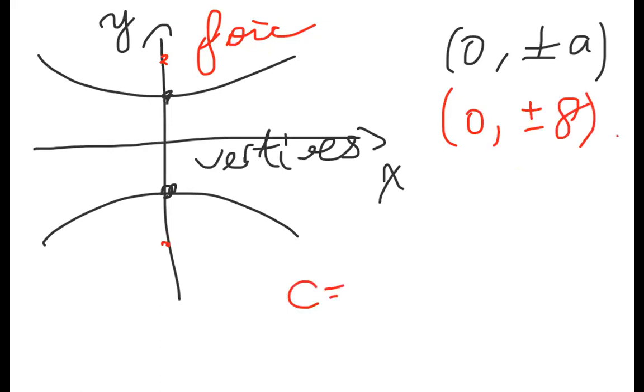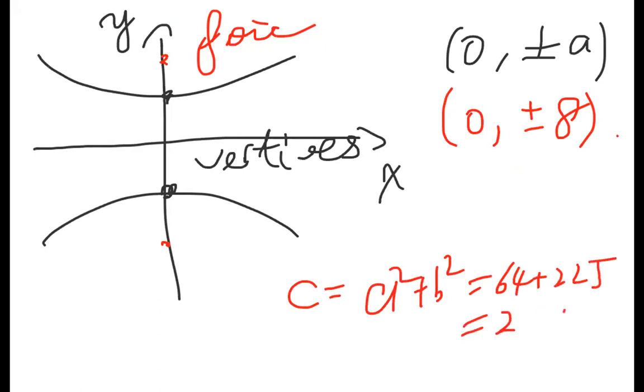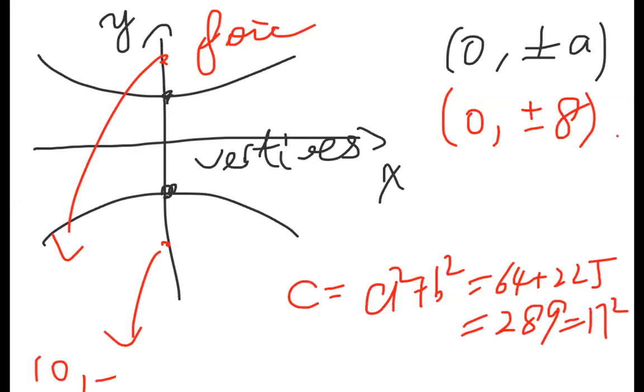And to find c, it's a squared plus b squared. So you have 64 plus 225, which is 289, which is 17 squared. Okay, so the foci are 0, plus or minus 17. Okay, any questions?